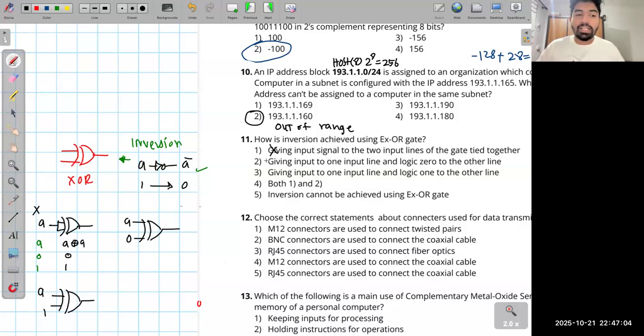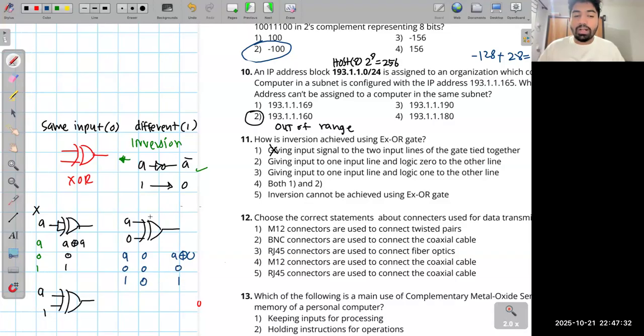Did you understand? In an XOR gate, same input gives 0, different input gives 1. Let's go for the next one. A and 0, A XOR 0: 0, 1, 0, 0. 0 and 0, same input, gives you 0.